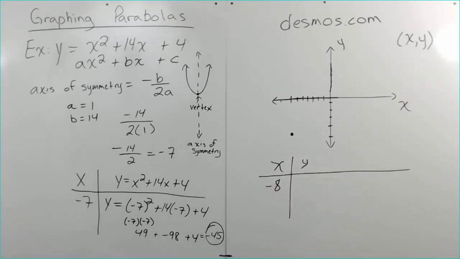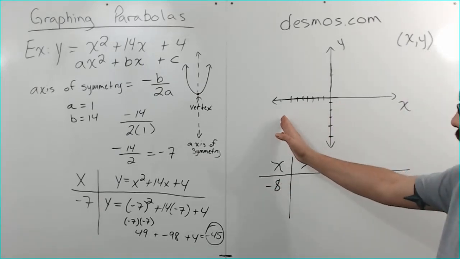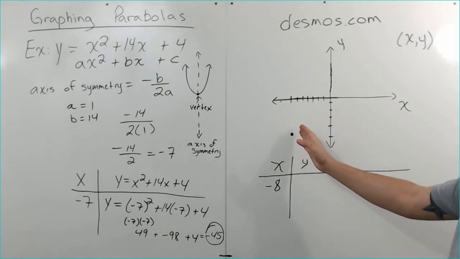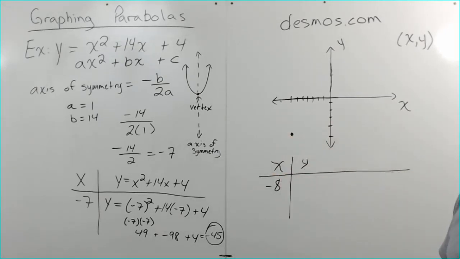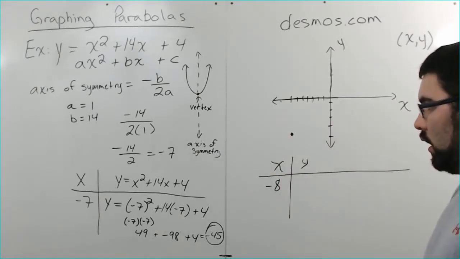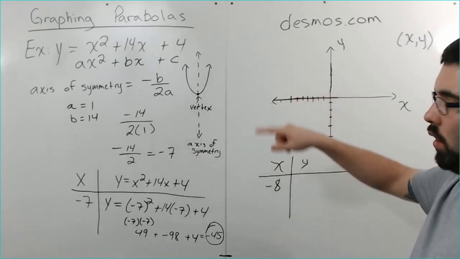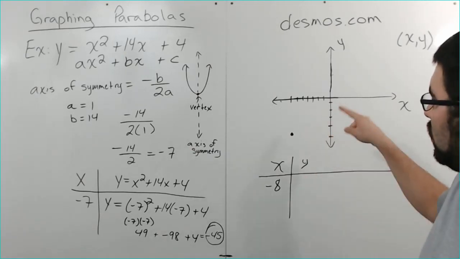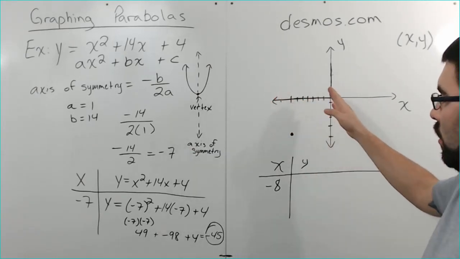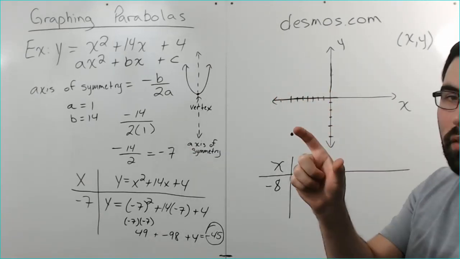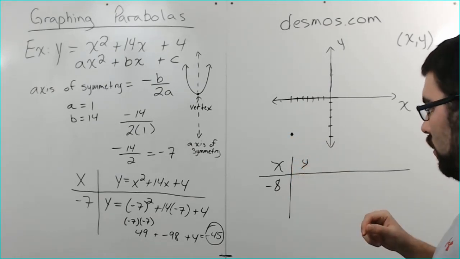I picked negative 8 because it's immediately next to it, like it's the next consecutive integer. And if this is symmetric, then I've only got to find where it curves on one side, and then I can automatically find the other side because their y values are going to be the same. And I'll show you what I mean by that.